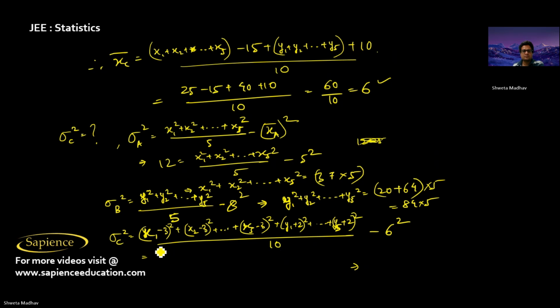Now (xi - 3) whole squared is xi squared plus 9 minus 6 xi.